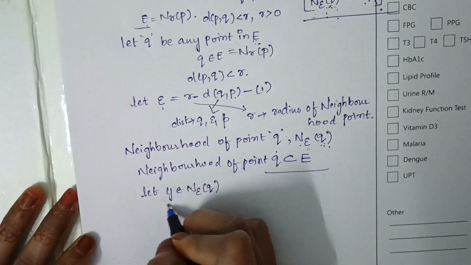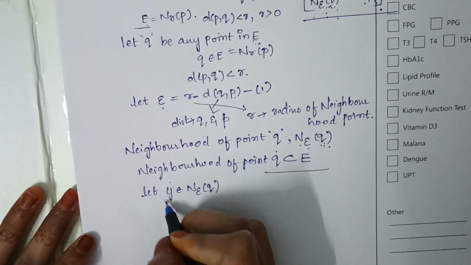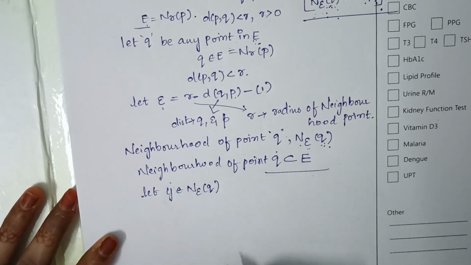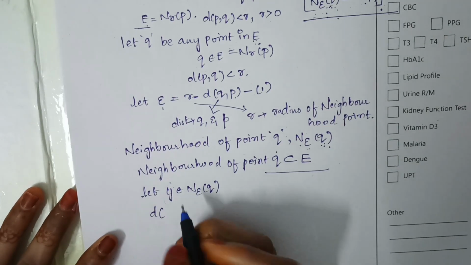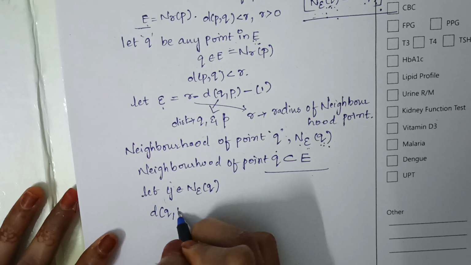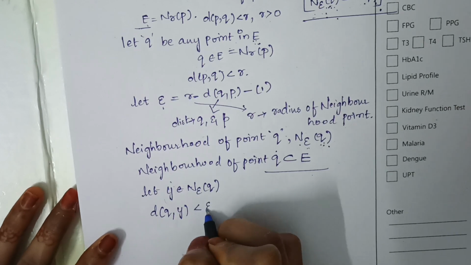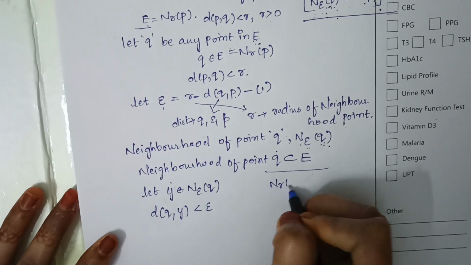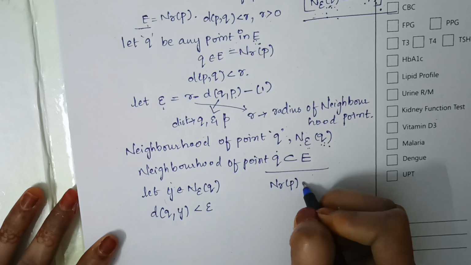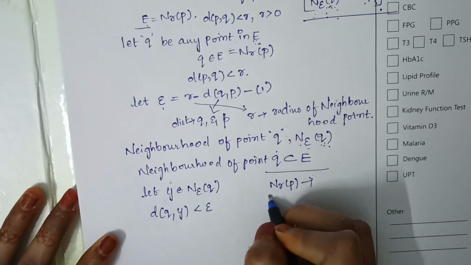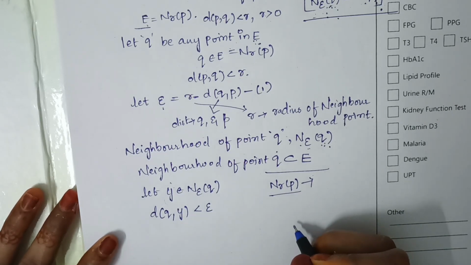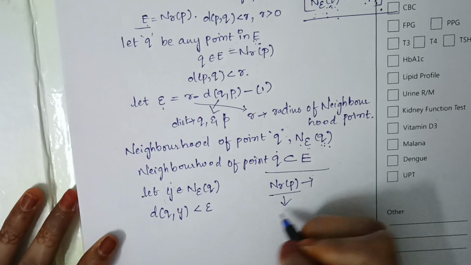So, if we take a point y, this y belongs to N epsilon of Q. So how can we write this? The distance between Q comma y is less than epsilon. What is the neighborhood of a point P, the definition?